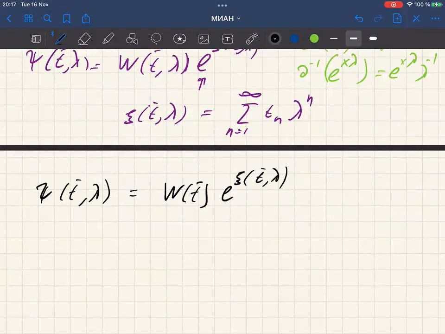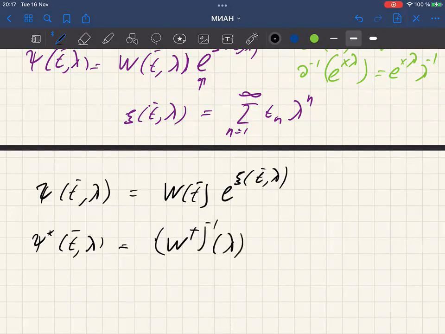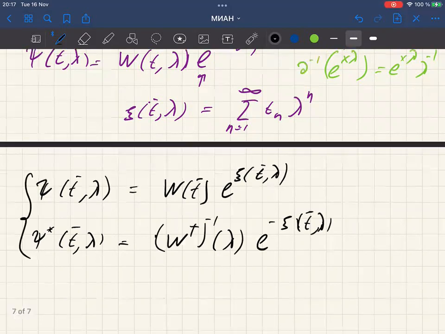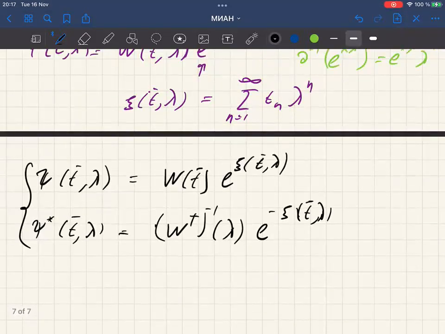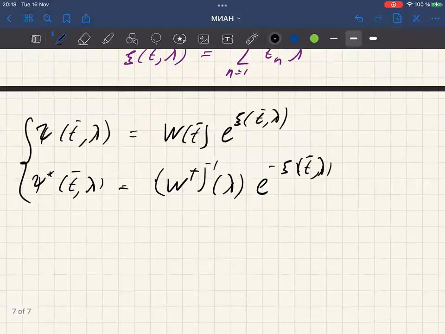The same way we could define the adjoint function psi adjoint of t lambda as W^-1 adjoint acting on the exponential of minus x t lambda. These two functions are important because they are the so-called Baker-Akhiezer and adjoint Baker-Akhiezer functions.